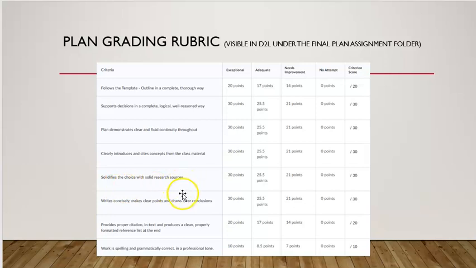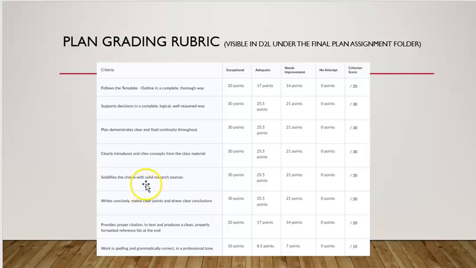Make sure that your research sources are solid and supportive of your effort. You might have had to do some work there in terms of revisions. You want to write concisely, make clear points, draw clear conclusions. This is where it's really important to follow the template and not stray from it. Just stay right on point. It'll be much easier.